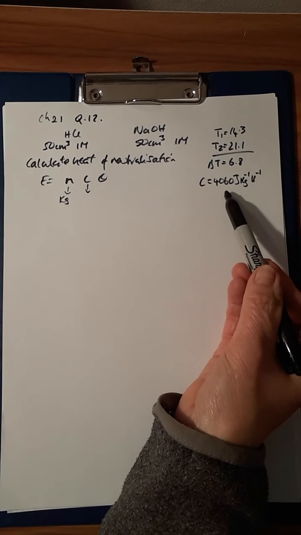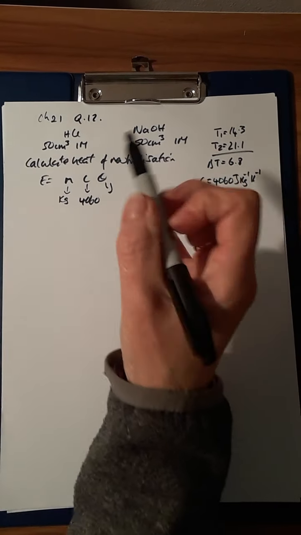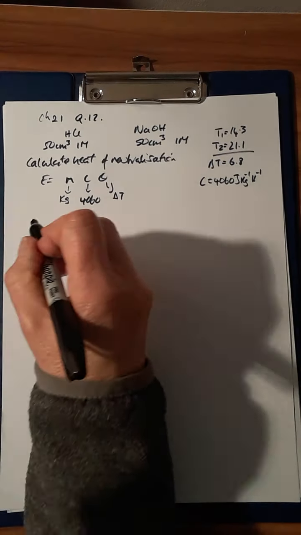C is the specific heat capacity, which will always be given to you in the question, which in this case is this figure here, 4060. And theta is the temperature change, which in this particular case is the delta T here. Okay, so you're going to find the amount of heat energy generated when you mix those two solutions. So E is equal to.